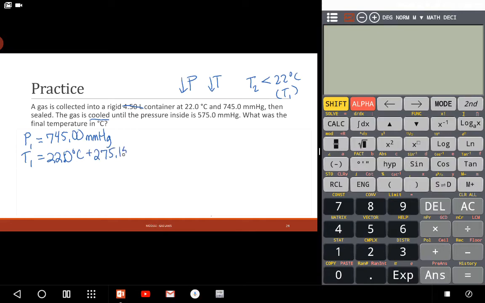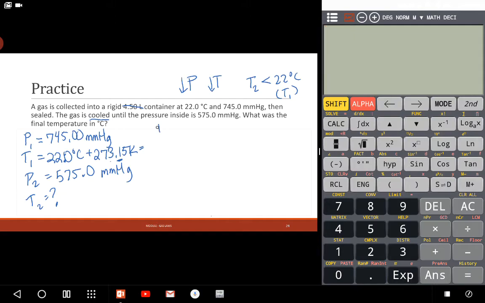We always have to convert that into Kelvin. On OLI, they'll just expect to use 273. I'm going to be using 273.15, more precise. And then our pressure is 557.0 millimeters of mercury. And we're asked to solve for T2.